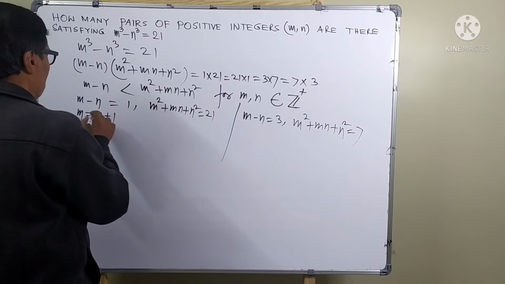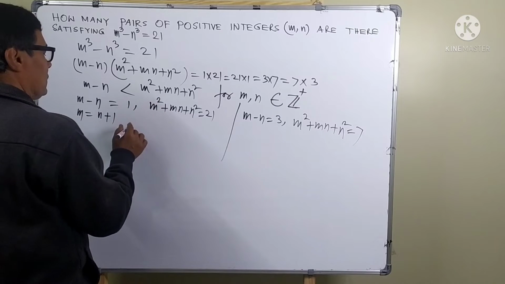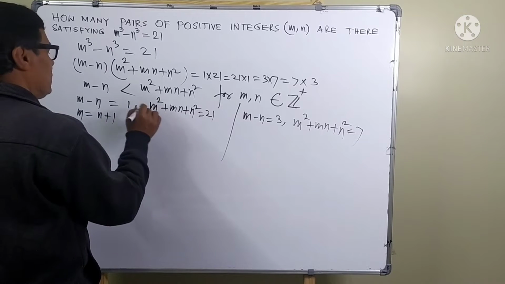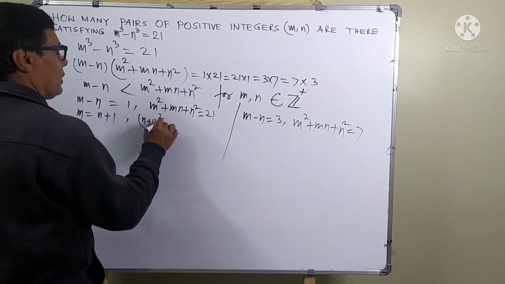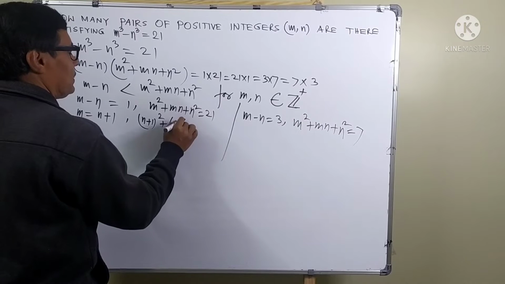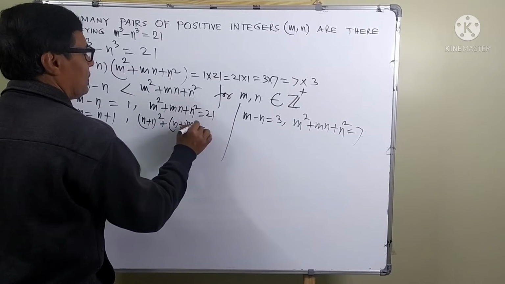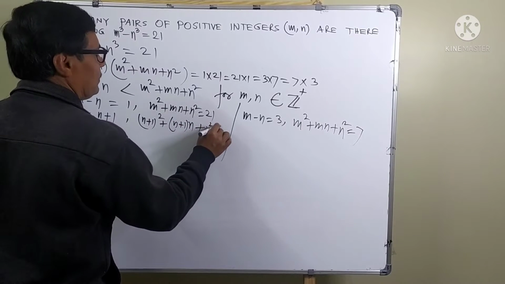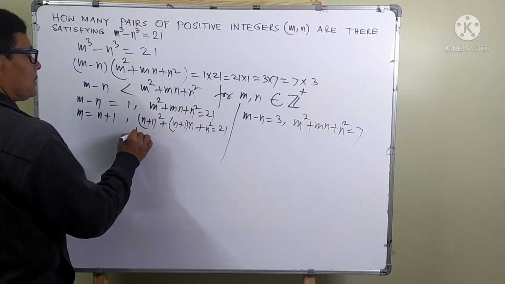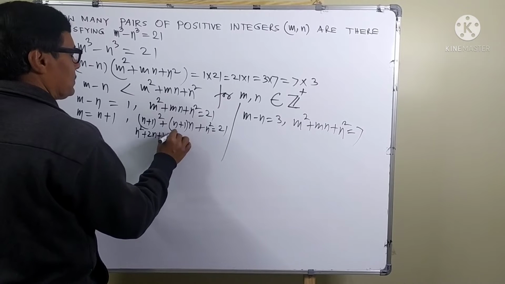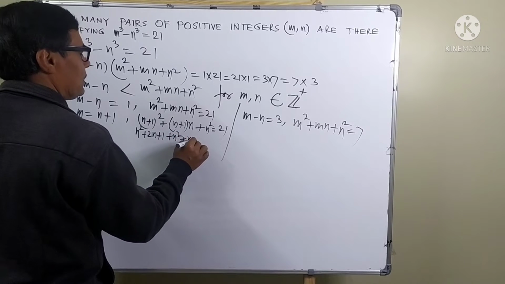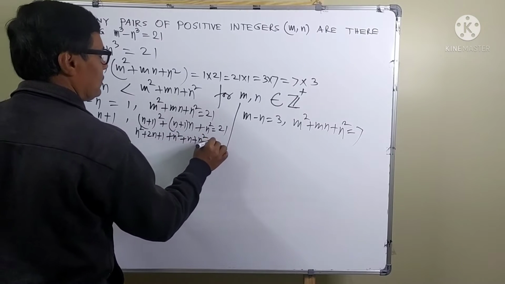After putting this relation in this equation, we get (n plus 1) square plus (n plus 1) multiplied by n plus n square is equal to 21. So, n square plus 2n plus 1 plus n square plus n plus n square is equal to 21.